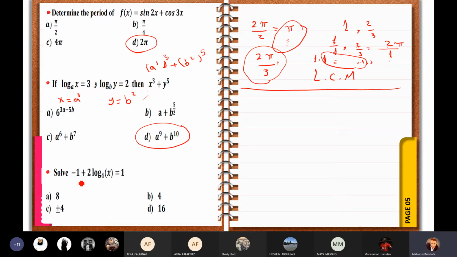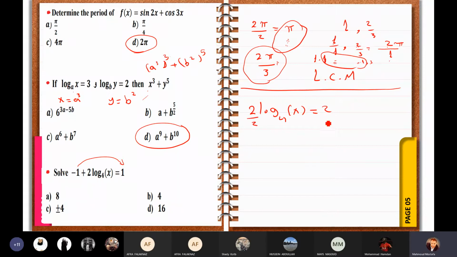Solve: -1 plus 2 log x to the base 4 equals 1. Here we have to shift the numbers together. So we get 2 log x is equal to 1 plus 1, which is 2.